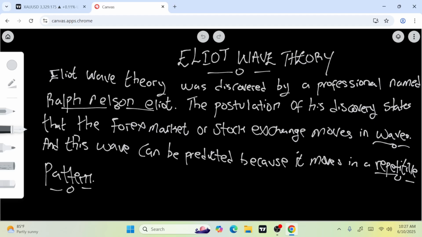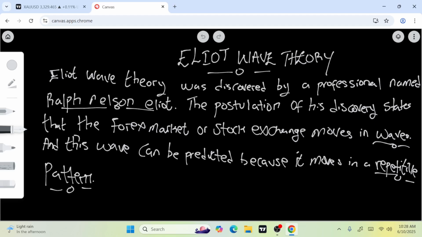Elliott wave theory was discovered by a professional named Ralph Nelson Elliott. Now, he postulated that the market moves in waves, and that is his discovery. And he was able to make this discovery after like 66 to 70 years before he was very affirmative that yes, market moves in waves.